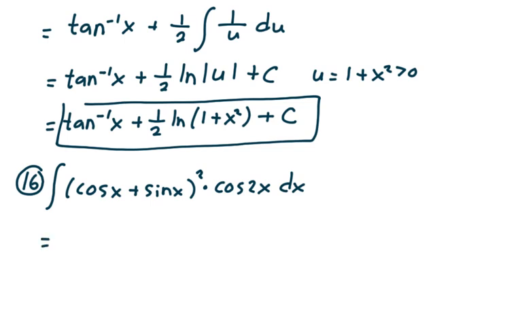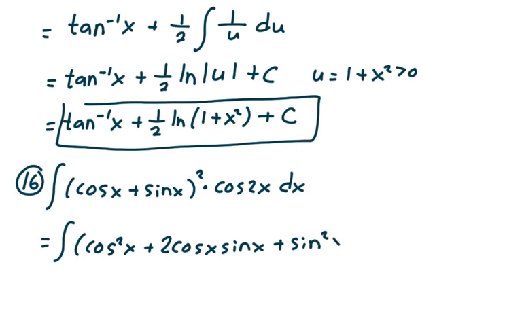And so I'm going to write this as cosine squared x plus 2 cosine x sine x plus sine squared x, times cosine 2x dx. Now, if we look at cosine squared x plus sine squared x, that's 1.